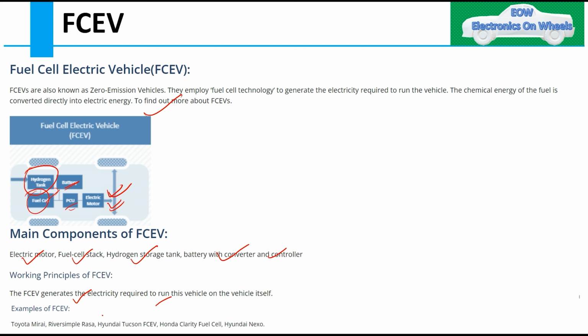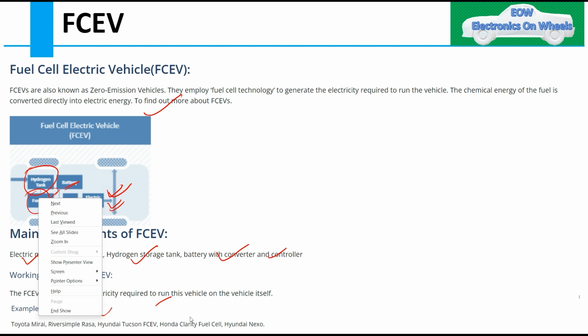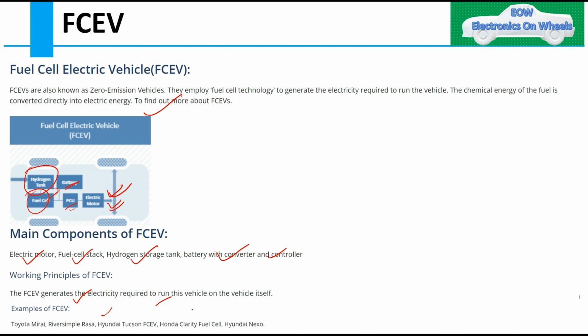You have the examples of Toyota, Hyundai, and Honda. These are vehicles which run on hydrogen as well, but it is not successful as of now, because there are many constraints. Just as you have a problem with charging stations for electricity, similarly you have a problem for hydrogen as well. You cannot keep hydrogen at every petrol pump.